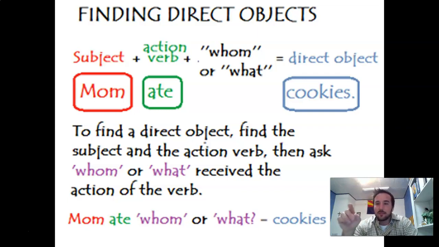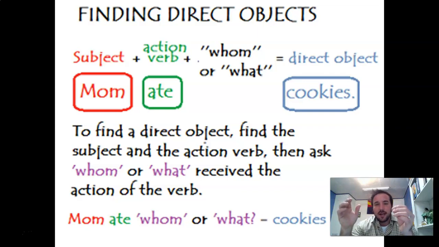That's the direct object. The whole fancy pants English thing is, okay, what is receiving the action of the verb? In other words, what is being, in this case, ate. We can say eaten, but, okay. Who did something? Mom. What did she do? Ate. Ate what? Cookies. That's the direct object.